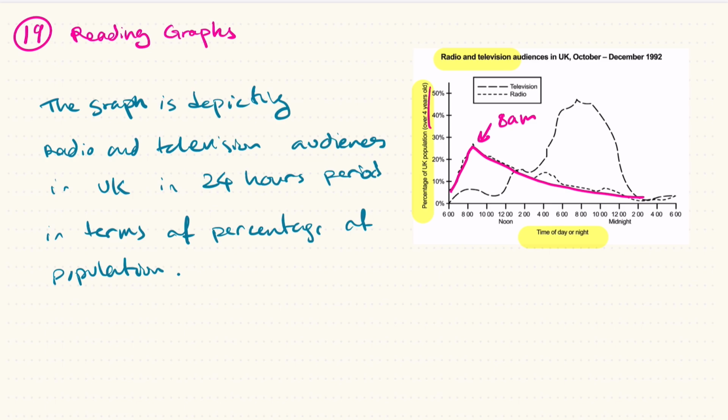So that is describing the radio. And if I wanted to describe this, imagine we sort of remove a little bit of the wrinkles out of the television trend, and it peaks at about 50% at 8 p.m.